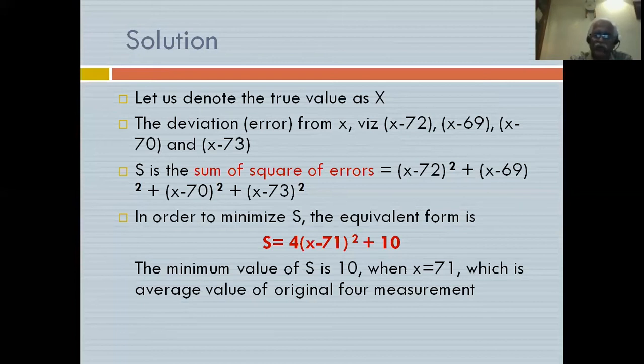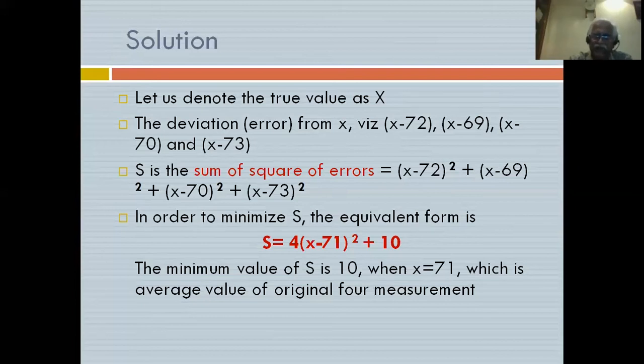In order to minimize S, the sum of square of the error, the equivalent form is 4 into (x minus 71) whole square plus 10. The minimum value of S is 10 when x equals 71, which is the average of 72, 69, 70 and 73.